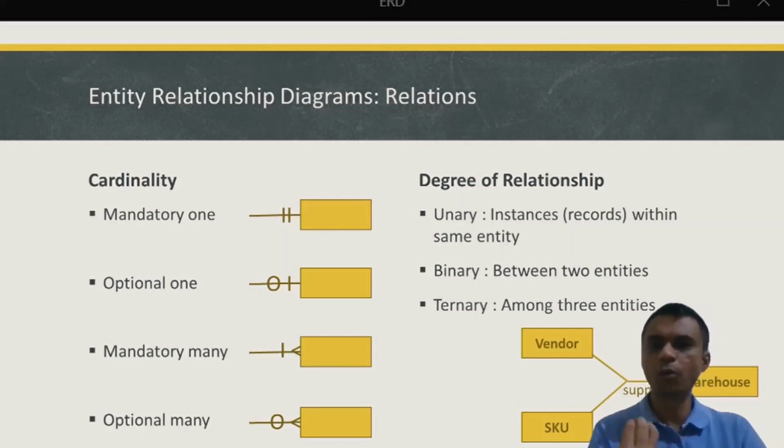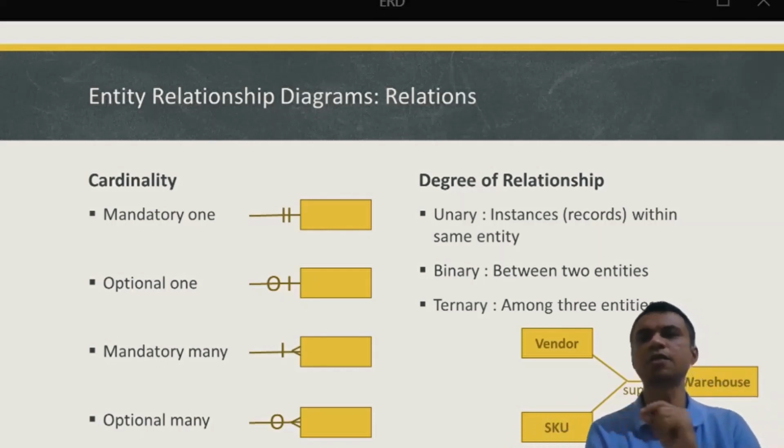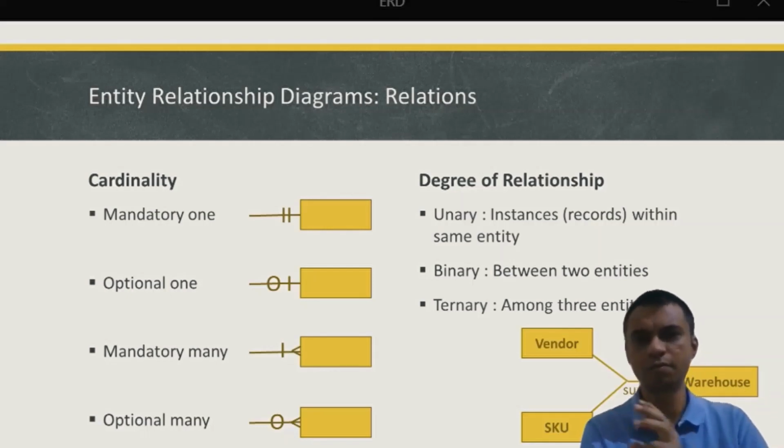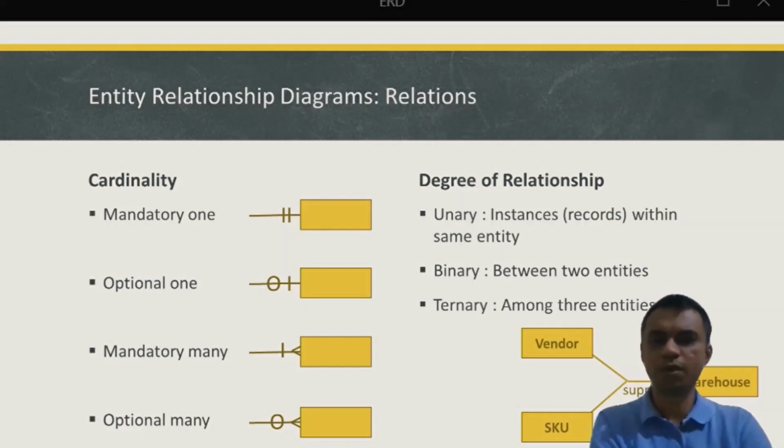And they meet only for this one instance, and then they break that relationship. They are no longer related. But each supply that happens to every customer would have such a ternary relationship between the vendor, the product, and the warehouse. That is the seller, the SKU, and the warehouse. So that's an example of a ternary relationship.